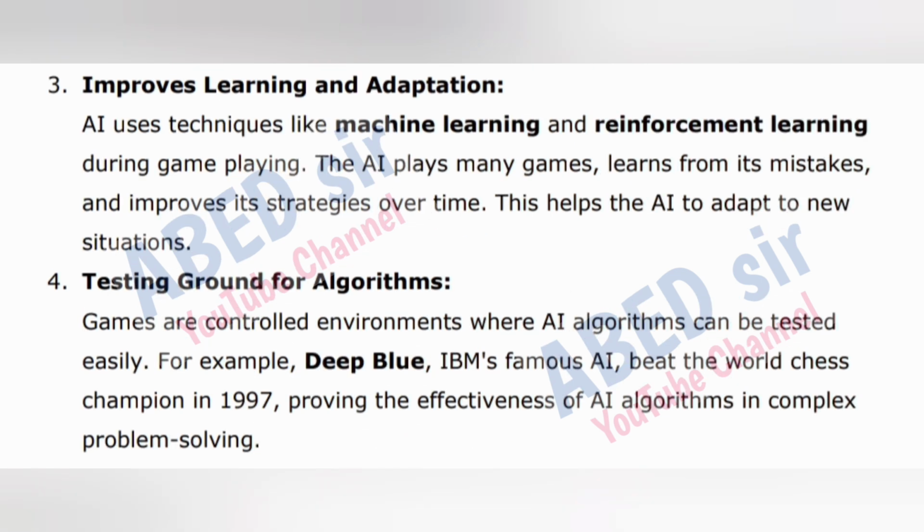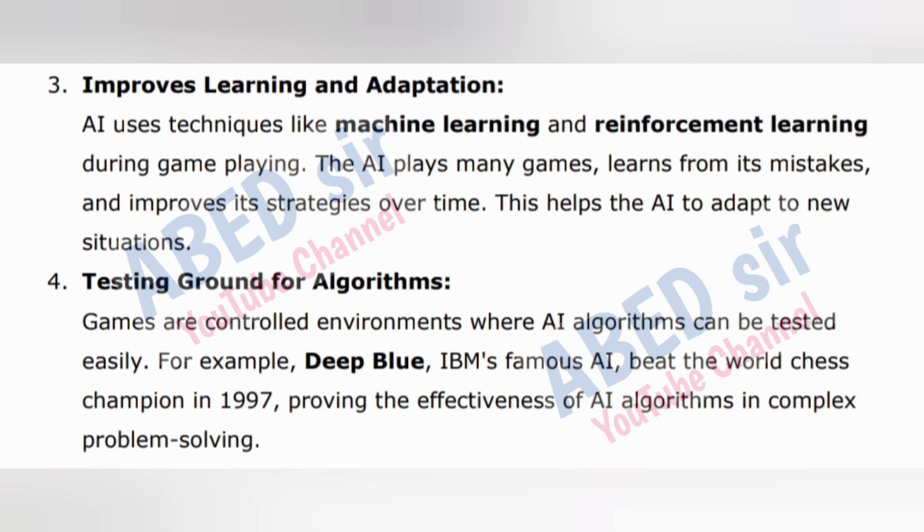3. Improves learning and adaptation. AI uses techniques like machine learning and reinforcement learning during game playing. The AI plays many games, learns from its mistakes, and improves its strategies over time. This helps the AI to adapt to new situations. 4.